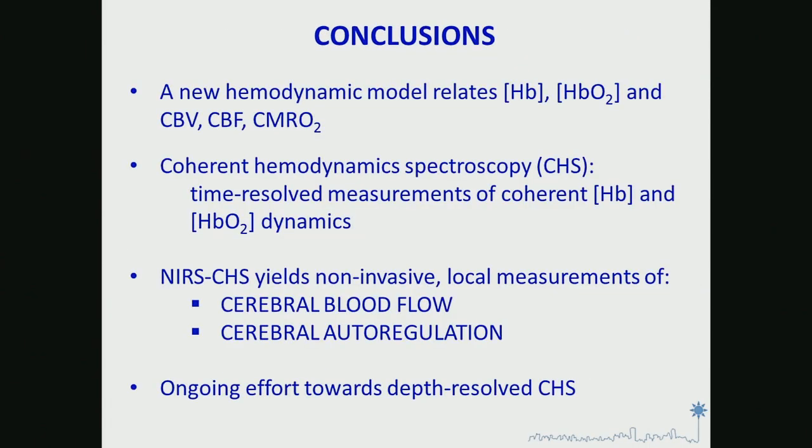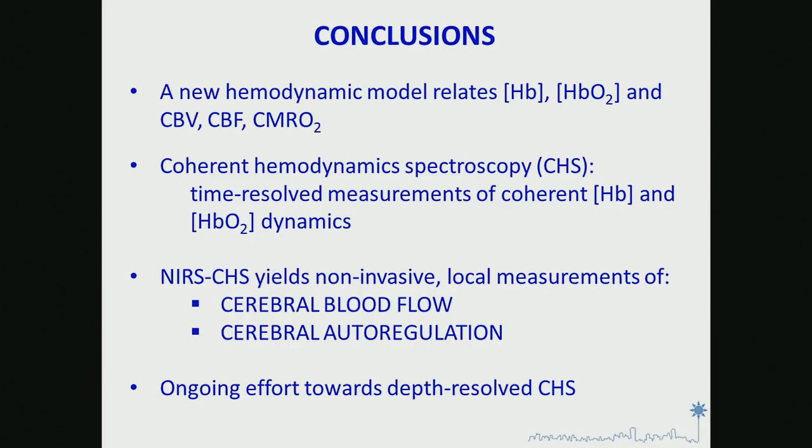So really that's what I wanted to say. I have shown a new hemodynamic model that provides analytical relationships between the oxy- and deoxyhemoglobin concentrations measured with NIRS and the physiological quantities: cerebral blood volume, blood flow, and metabolic rate of oxygen. I presented coherent hemodynamic spectroscopy as a method to perform time-resolved measurements, either in the frequency or time domain, of coherent oscillations of oxy- and deoxyhemoglobin.